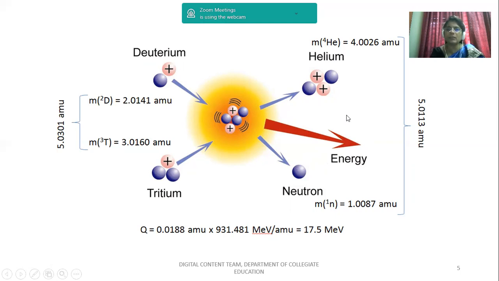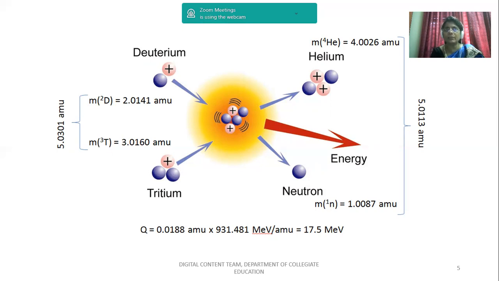So where does that mass go? You have to analyze where that mass is situated, where the mass is converted to energy on the product side. When you consider this mass difference, you know very well that according to Einstein's mass energy relation, E is equal to mc square, energy can be converted to mass and mass can be realized in terms of energy.